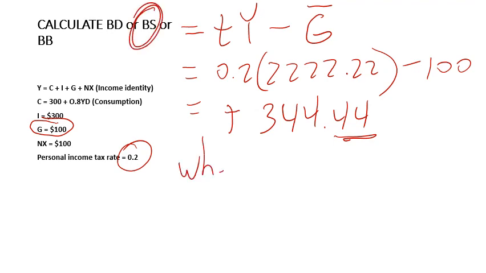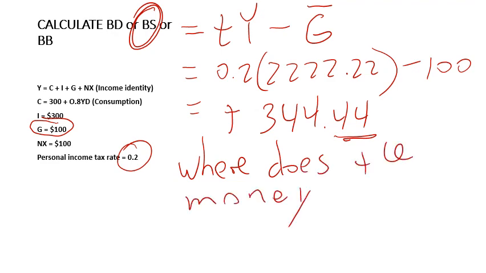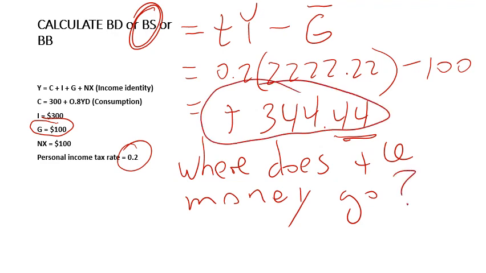The question is, where does the money go? In other words, where does this $344.44 billion go? It goes to a financial pool, the domestic financial pool. It's an injection into the financial pool.